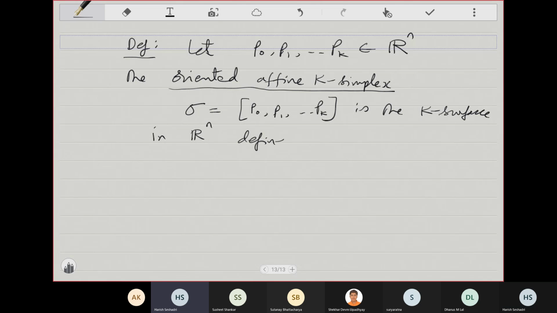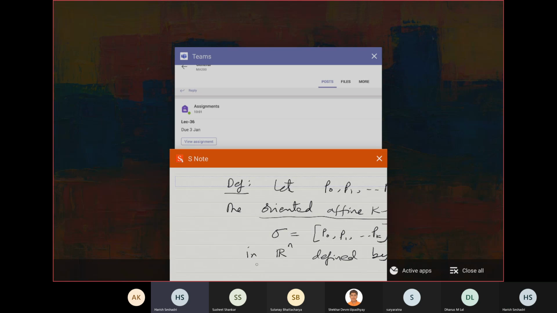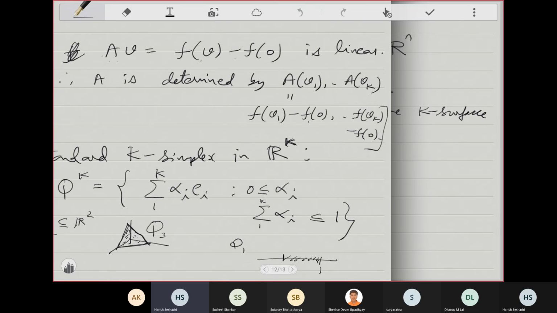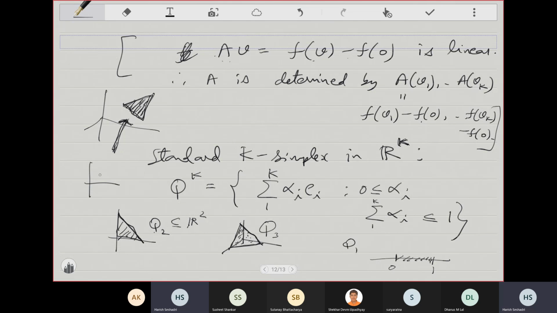defined by, as I said, so I want to take the standard triangle, for example, and put it in R3, let us say. I want the shape to be still like a triangle.